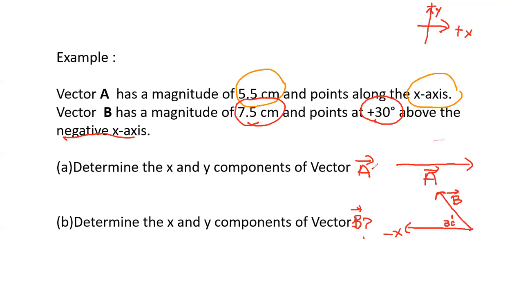Now you could write here vector AX, AY. We learned that this is along the x-axis, so it's parallel to x, and the y component is 0. AX would be from here to here, the length, which is 5.5, positive.